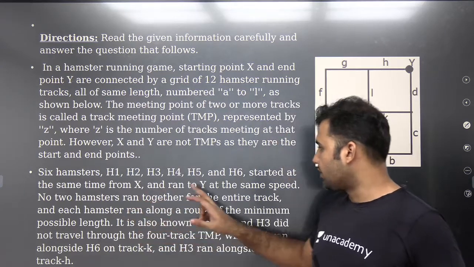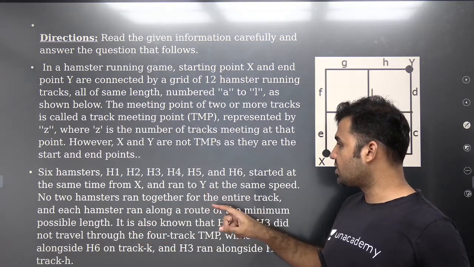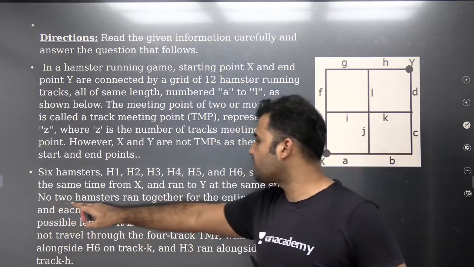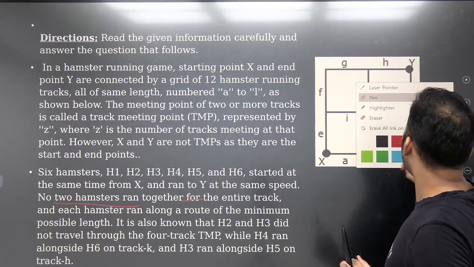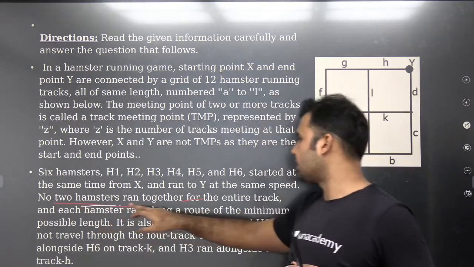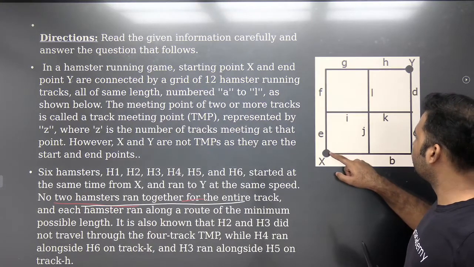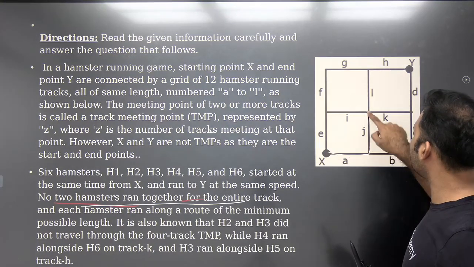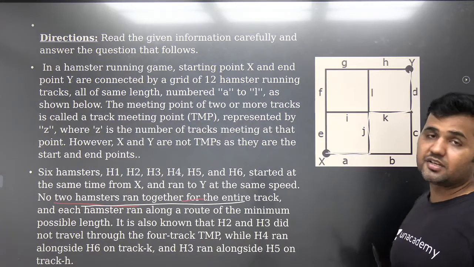Okay. So the important point that you need to note down whenever you will be solving this set, please note down in your notebook, that no 2 hamsters ran together for the entire track. So it's not that hamster H1 is using this path and H2 is also using this path. It's not possible, right?